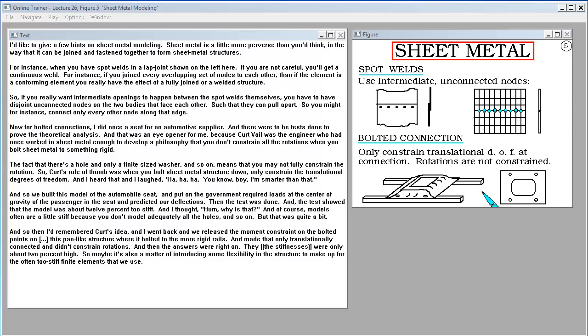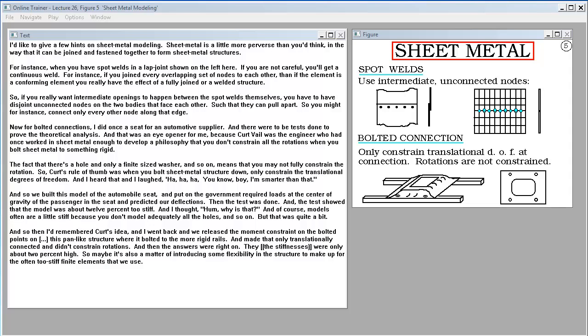Now for bolted connections, I did once a seat for an automotive supplier, and there were to be tests done to prove the theoretical analysis. And that was an eye-opener for me because Kurt Vail was the engineer who had once worked in sheet metal enough to develop a philosophy that you don't constrain all the rotations when you bolt sheet metal to something rigid.